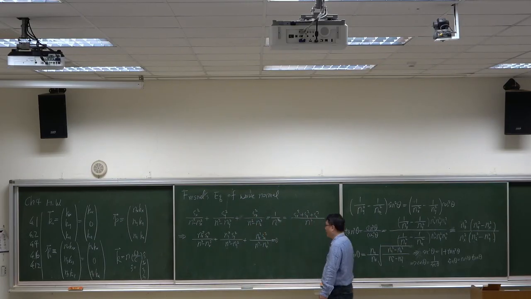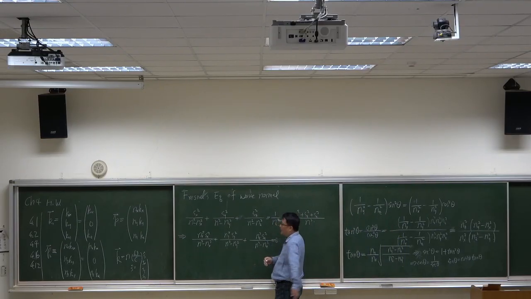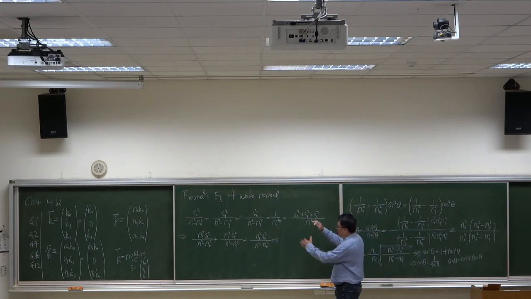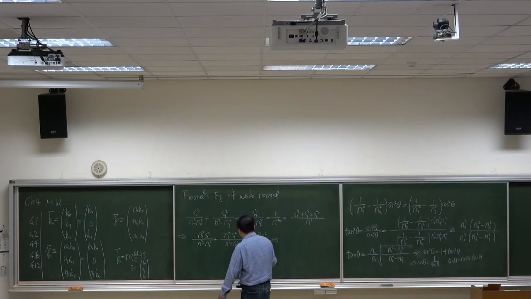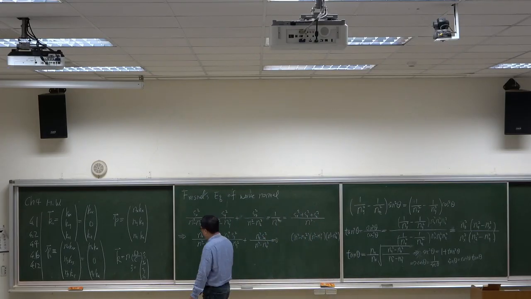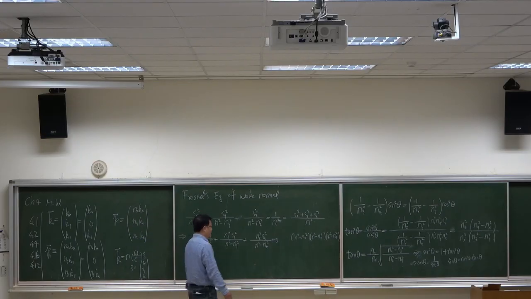Okay, so Fresnel's equation of wave normal now can be changed into this form. And we can further multiply n squared minus nx squared, n squared minus ny squared, and n squared minus nz squared to this equation and find the fourth-order equation for solving the refractive index.